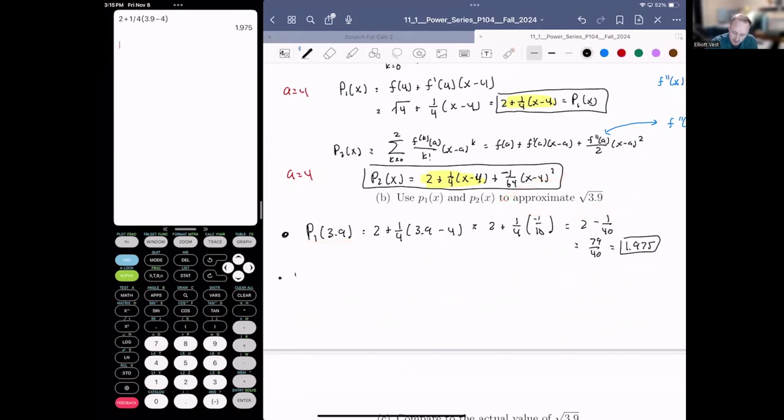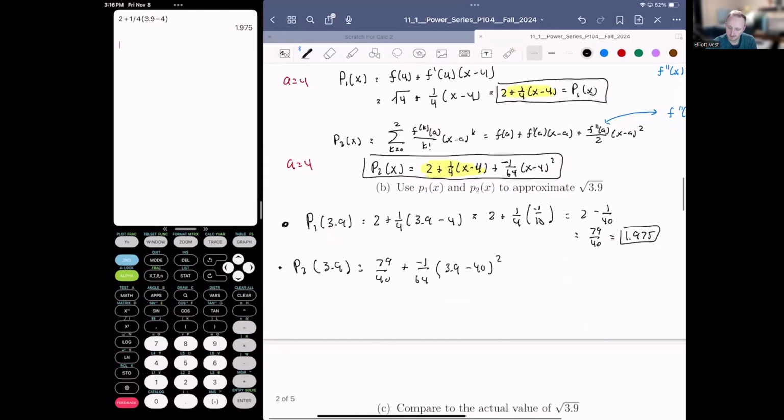How about P2 of 3.9? Well, it is P1 plus this term, right? So it's your 79/40 plus negative 1 over 64 of what? 3.9 minus 4 squared, 79 over 40 minus 1 over 64.